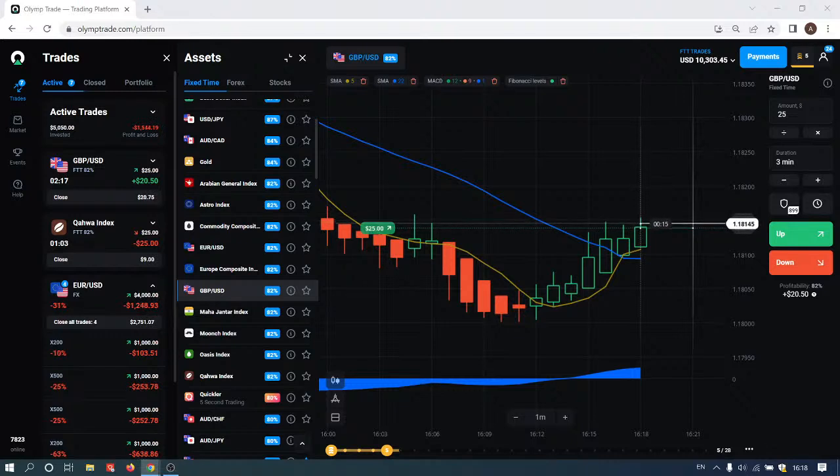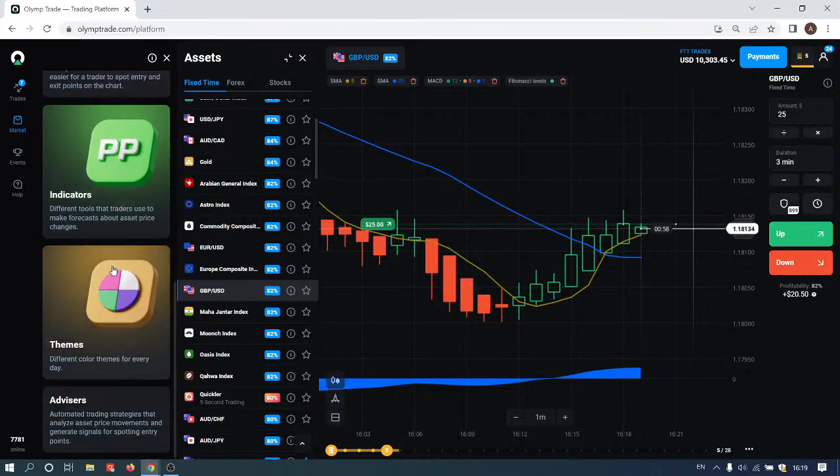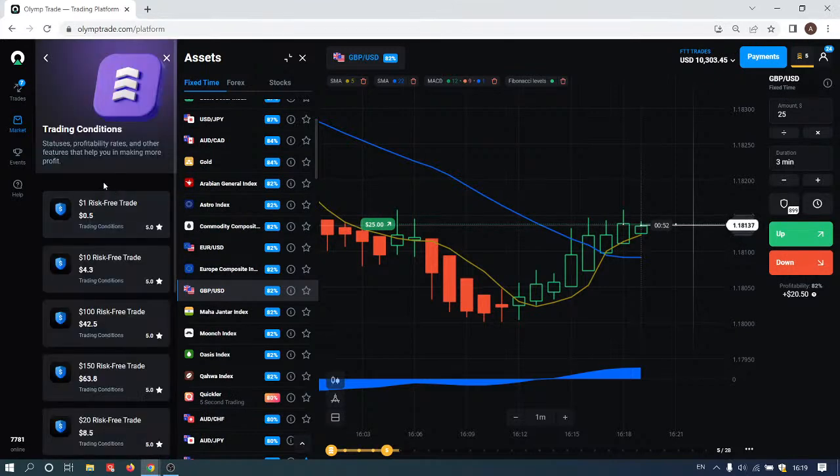Where is my question hidden? I don't really see your question. How many times can we buy risk-free trades a day from the market section? Yeah, guys, it's interesting that the marketplace is now categorized, and under trading conditions you can actually purchase risk-free trades. We have a certain ratio, like with $4.3 worth of real money you can get $10 in risk-free trades, something like this.